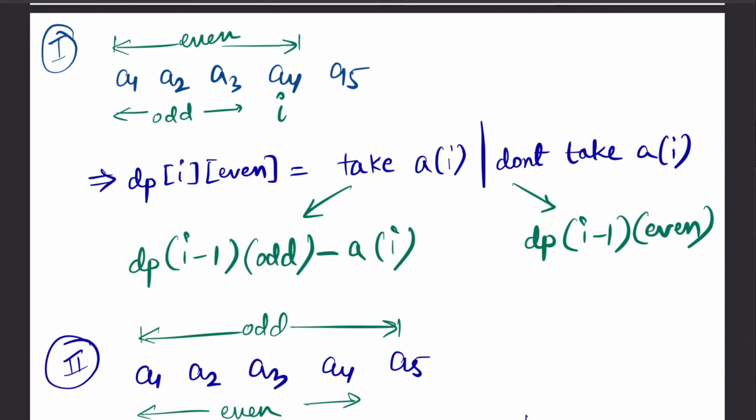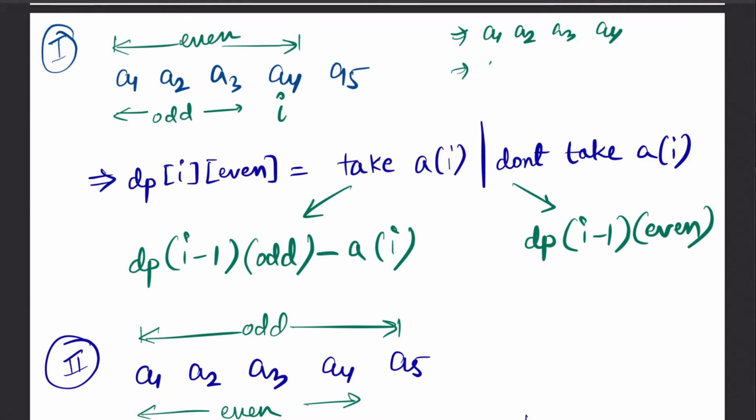So that's the idea. I go back and check what was the maximum prefix sum possible for an odd length of i minus 1 and I subtract A of i from it. So why do we subtract A of i here? Let's see. If I have A1, A2, A3, A4 in my subsequence, what do I want? The sums to alternate.